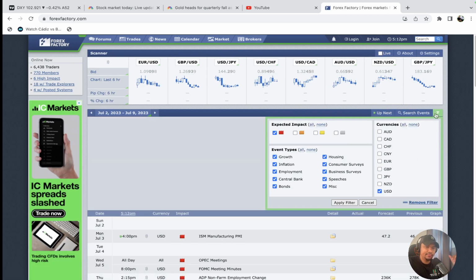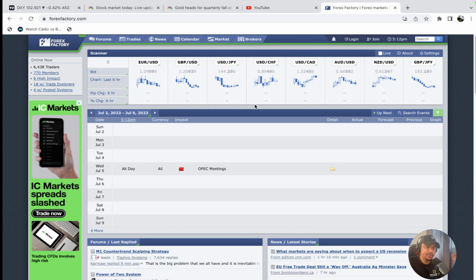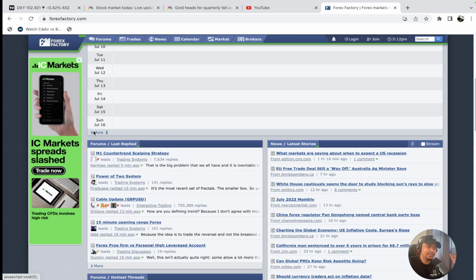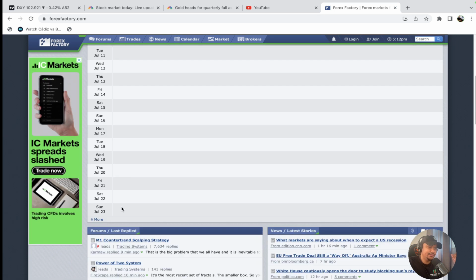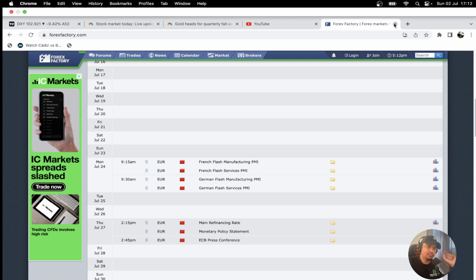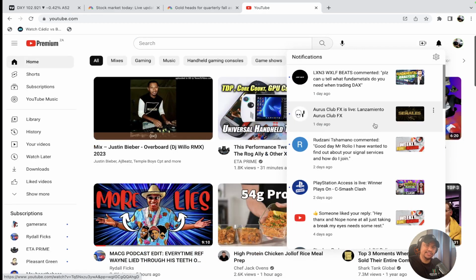You come through on the filter bar, go to euro, and focus on everything that's euro related. So euro rate decisions and any news that is related to the euro will impact the DAX or the GER30.